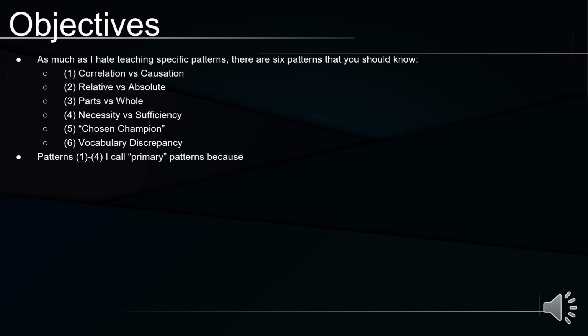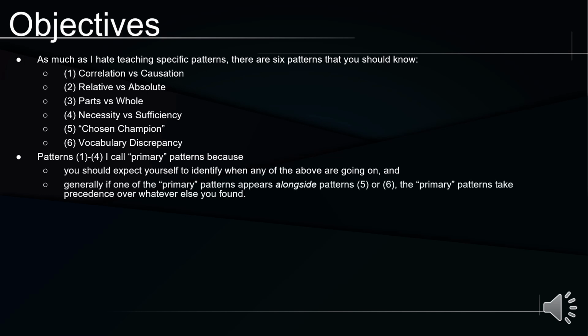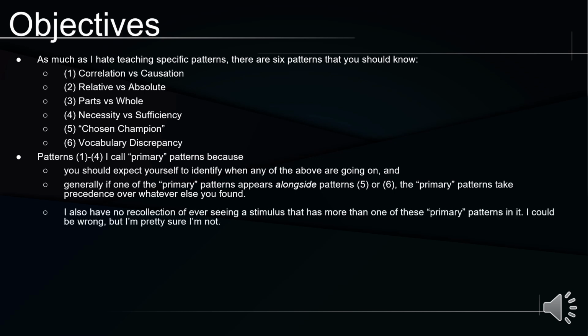So patterns 1 through 4, I call primary patterns because you should expect yourself as a student of this exam to be able to identify when any of the above are going on in a stimulus. And generally, if one of these primary patterns appears alongside pattern 5 or 6, although it's kind of rare for pattern 5 to be there, but it's possible, whenever you see one of the primary patterns plus something else, the primary pattern takes precedence over whatever else you found.